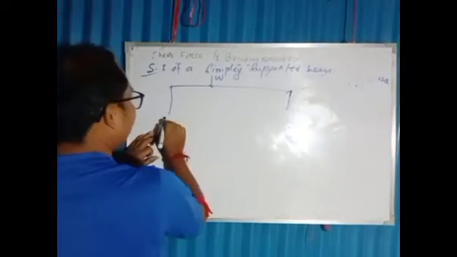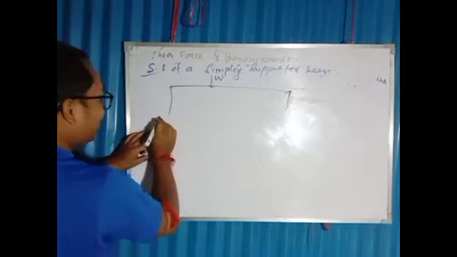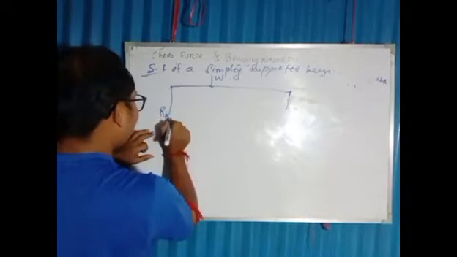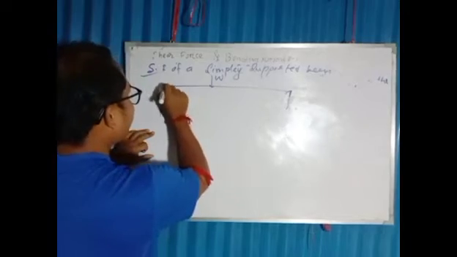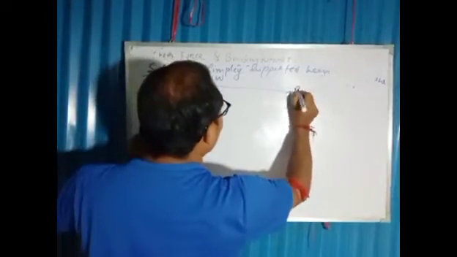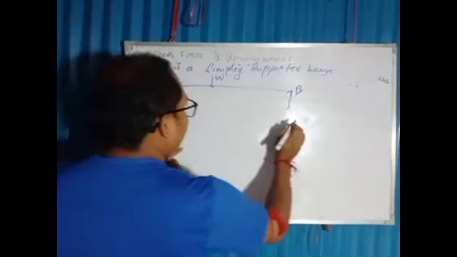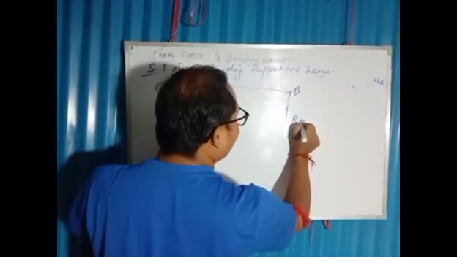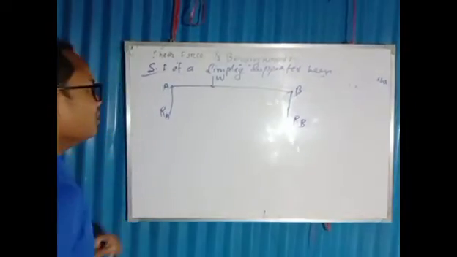On the left side, a reaction force RA acts at this point. This is point A and this is point B of the beam. Another reaction force RB is also acting.